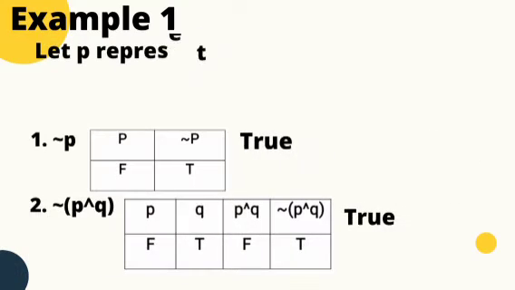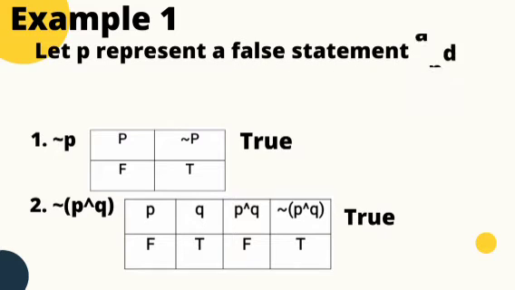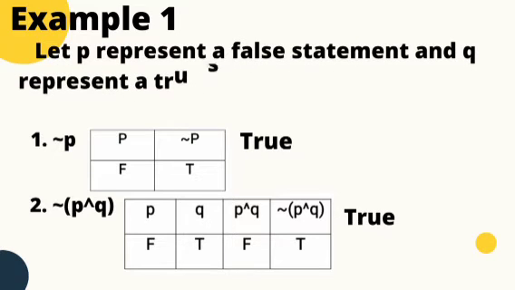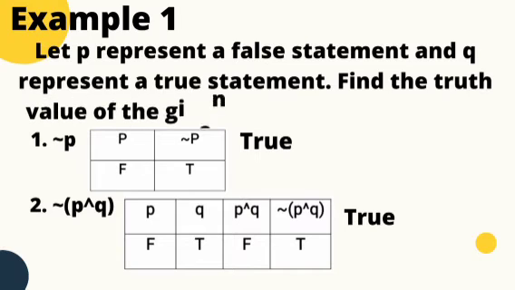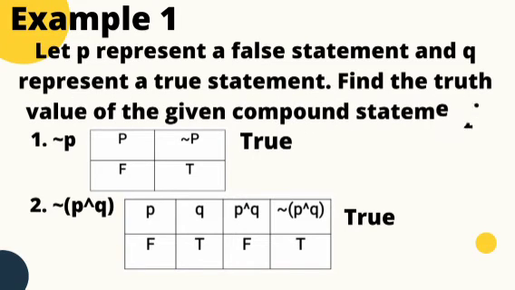Example 1. Let P represent a false statement and Q represent a true statement. Find the truth value of the given compound statement. The first question is, P is said to be false from that question, and the negation of P is true.